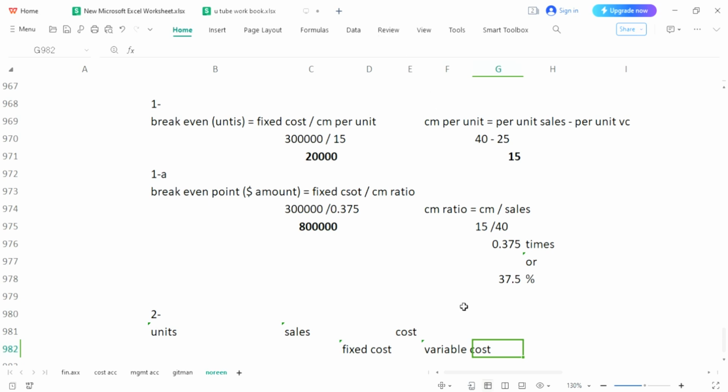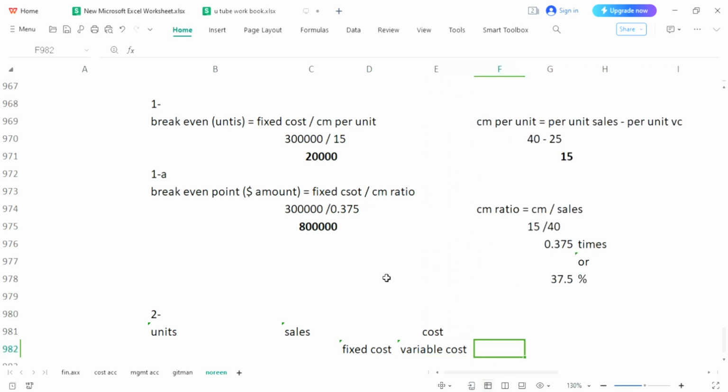Okay, we can write variable cost over here, and let's make a little more space for it. So total cost contains fixed cost and variable cost, and when you add your FC plus VC, you will get total cost.